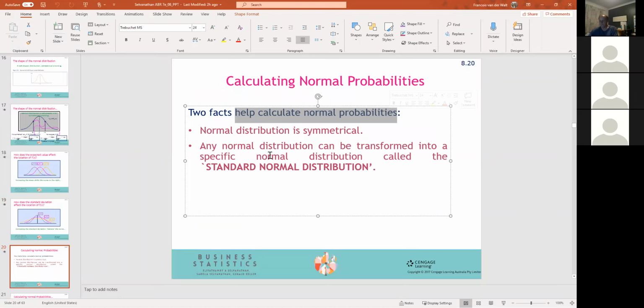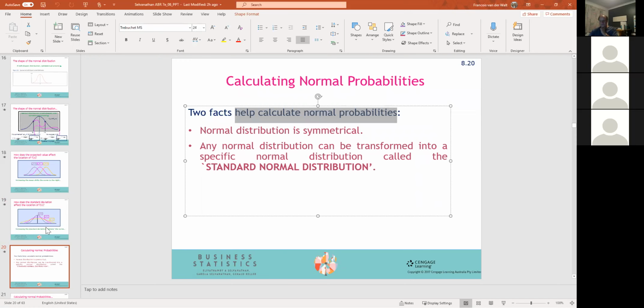Any normal distribution can be transformed into a specific normal distribution called the standard normal distribution. The standard normal distribution is where the average, or the mean, or the mu, is 0 and the sigma, or the standard deviation, is 1.